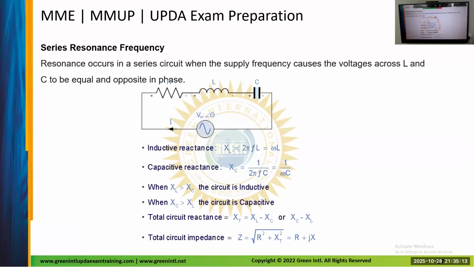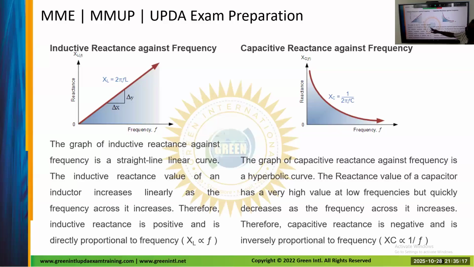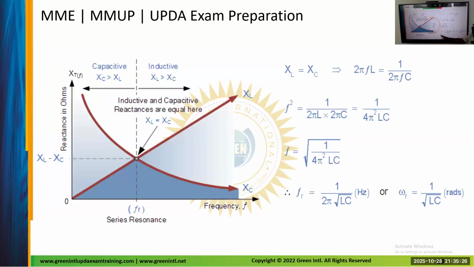Okay, resonant frequency. This is the circuit diagram. Here the frequency versus reactance is XL, and frequency versus XC. We put them together in the same graph. From this we understand that at resonant frequency, XL and XC are the same. So we derive the formulas.